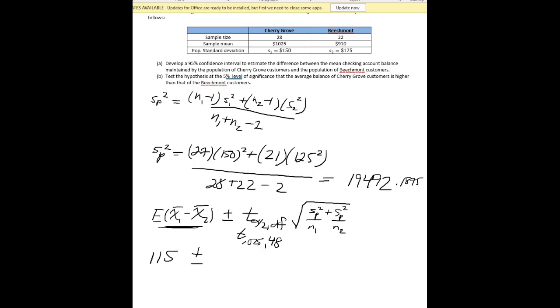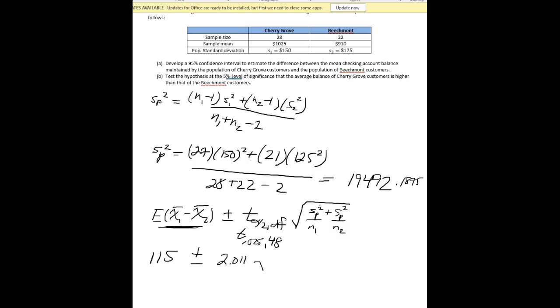So this t number is going to end up being 2.011. I'm not going to show you how to do that. You know how to use the t table by now. If you have questions, you can check out the videos from Module 8 where we learned about the t-table. Obviously, you were tested on it last test.